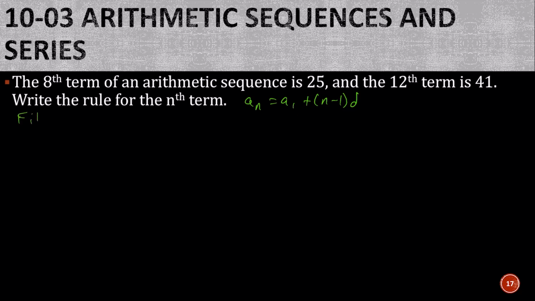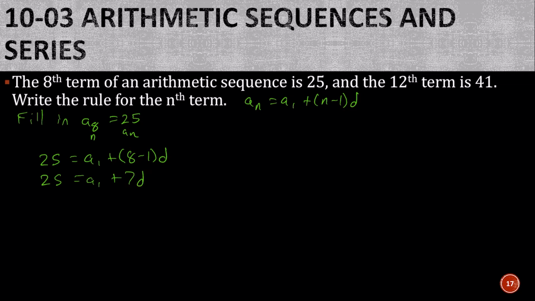The 8th term is 25, so n is 8 and a_n is 25. I fill it in, and I have 25 equals a_1 plus 8 minus 1 times d, or 25 equals a_1 plus 7d.